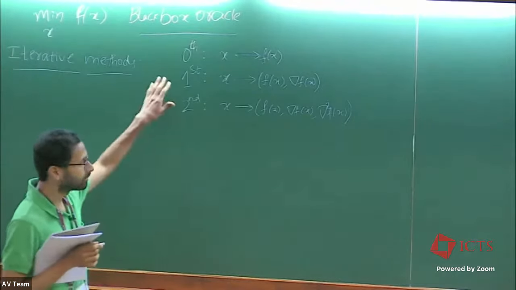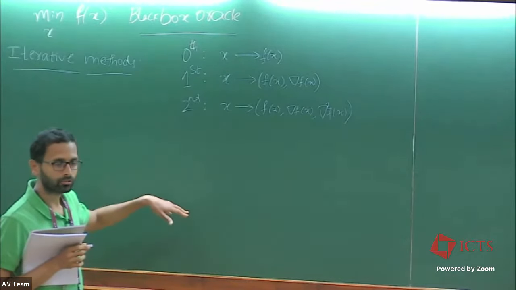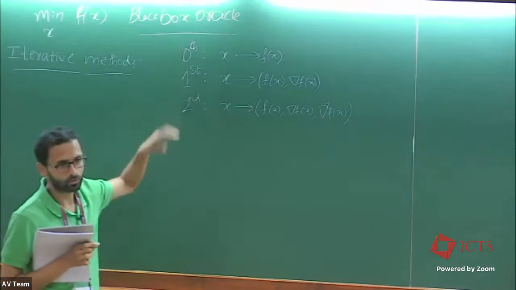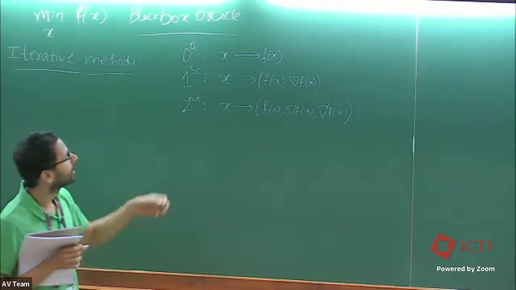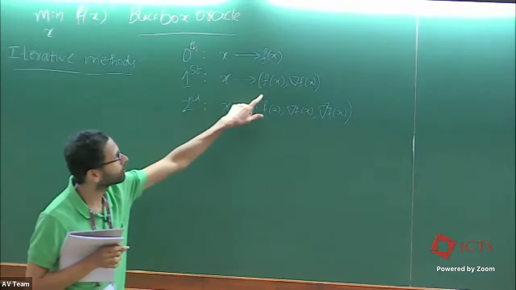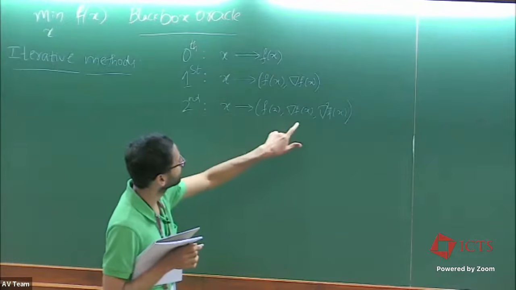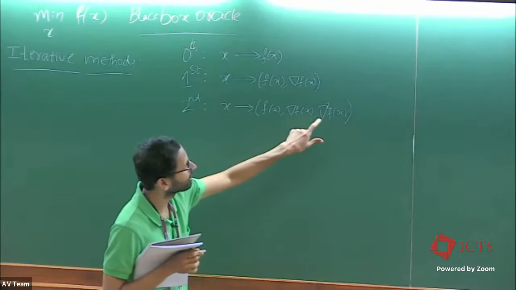So we can define multiple variants of these oracles. The 0th order oracle is the least powerful because it only tells us about the function value. The first order oracle gives us more information, in terms of the derivative of f. The second order oracle gives us both the first derivative as well as the second derivative, and so on.